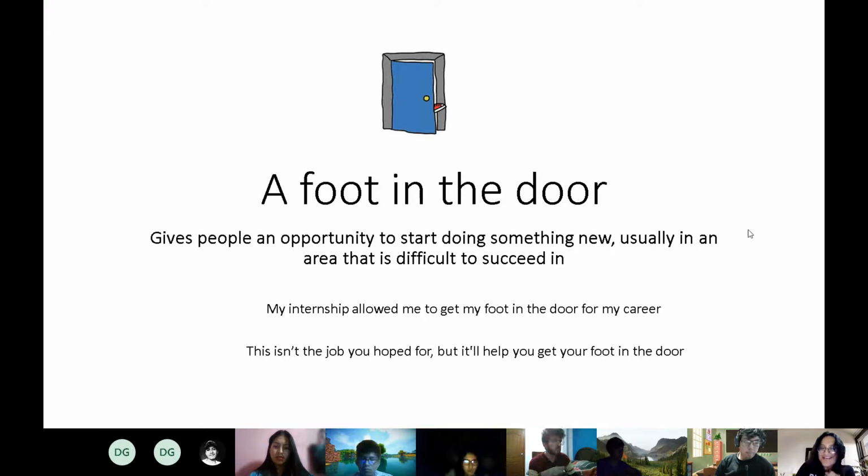That actually is one of the most common idioms. Okay, so please keep writing, okay, guys? So let's move on to the next idiom, okay?